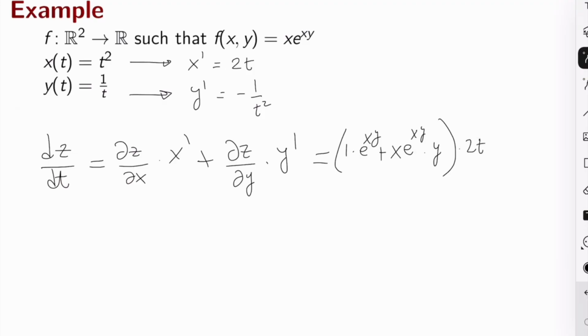And then we're going to add plus the derivative of z with respect to y. Observe that with respect to y, the first of the functions is a constant now. So this is not going to be a product derivative, because the constant will be just out. So it will be x times the derivative of e to the xy, which is itself times x.